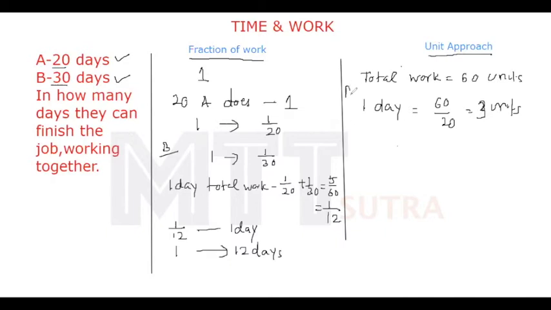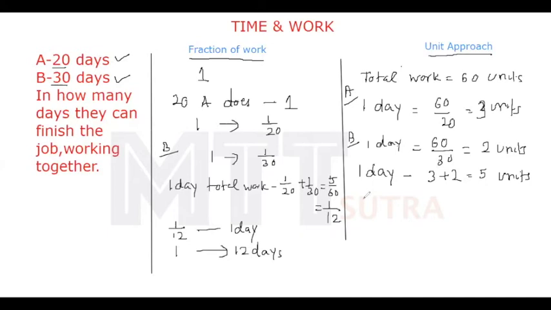Similarly, B will do in one day 60/30 units of work. That is 2 units. Now, since both are working together, in one day they will do 3 plus 2, that is 5 units of work.